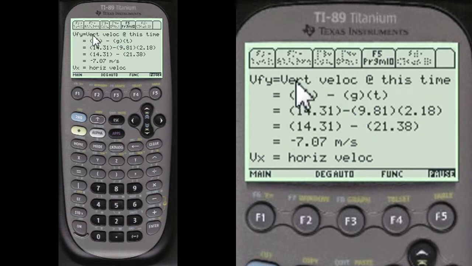Now Vfy equals the vertical velocity at this time, and that equals minus 7.07 meters per second, which is V0y minus g times t. And then Vx is the horizontal velocity. That's good for whatever time is in the problem. So you don't need a particular time for that, but for the vertical you do.